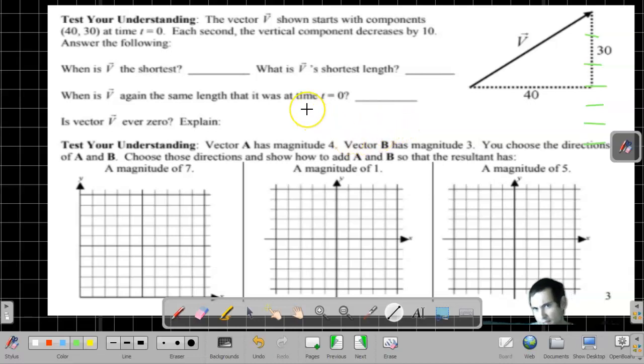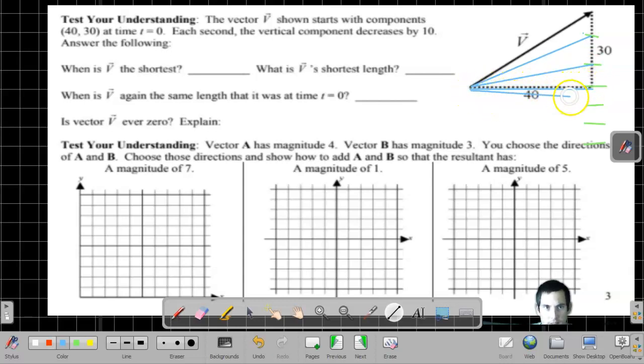So when is the vector v the shortest? All right, so maybe it'll help if we draw out each of the vectors. So if our vertical component is decreasing by 10 each second, then after the first second, that would be v. After the second, that would be v. After the third second, that would be v.